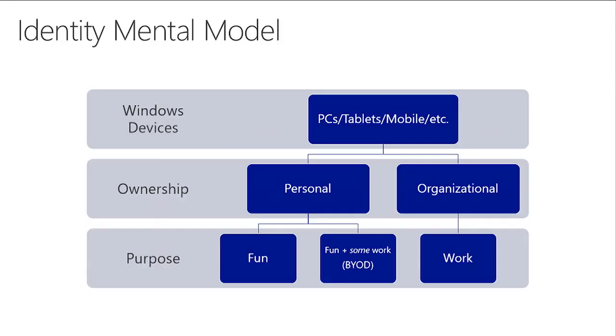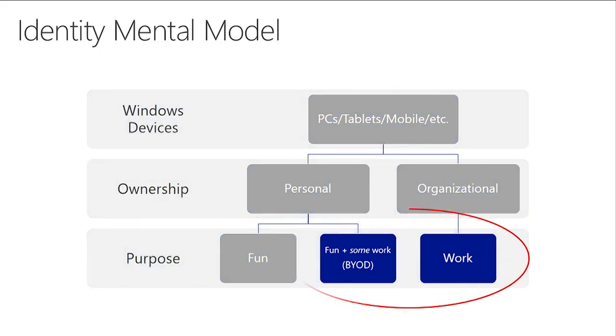Now, as you can imagine, in the personal space, where I was using this device for myself, Microsoft accounts and what we added in 8.1 was something that met the modern needs. But what I want to focus on today is the work part. How did Windows identity evolve for the workplace? So let's take these two categories one by one, and let's look at the options that are available that can be leveraged.